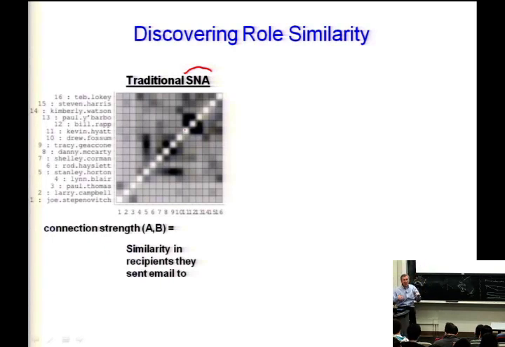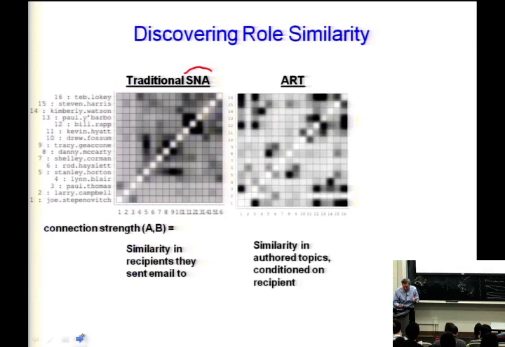But now if you do this probabilistic model analysis, let's not color the nodes by how many emails went between these people, but instead by how similar are the topics that they author when they send to the same person.